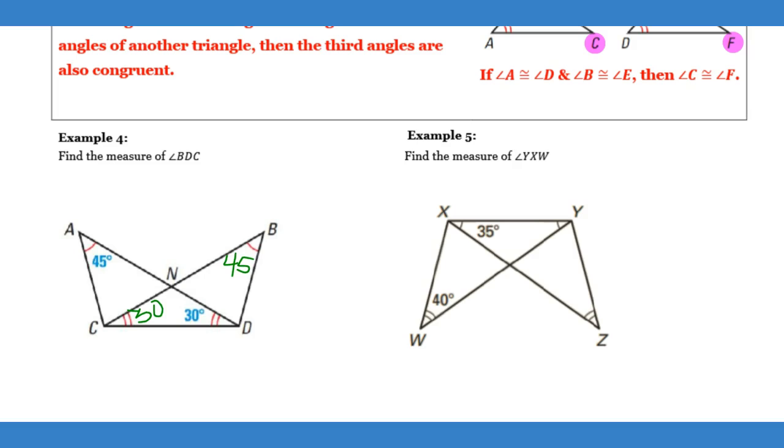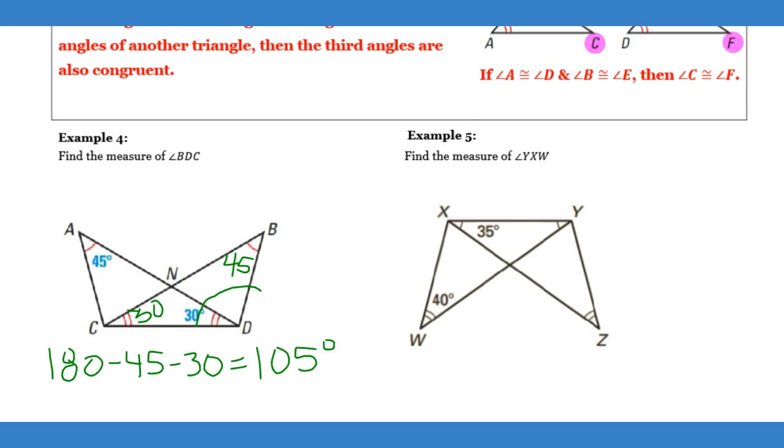So if this is 45 and this is 30, then I can find the measure of BDC, because I know that 180 minus 45 minus 30 is going to give me this angle. So BDC, which is this angle right here, is going to be 105 degrees.